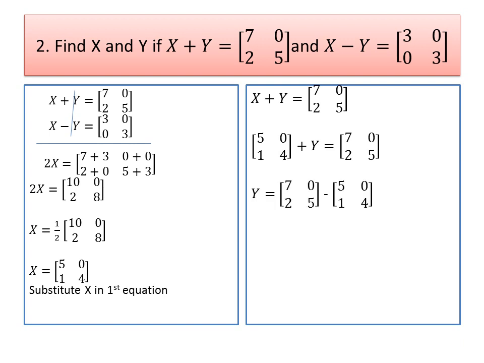Then y is equal to [7, 0; 2, 5] minus [5, 0; 1, 4]. Since there is a negative symbol between the matrices, we subtract corresponding elements. Then y is equal to [7 minus 5, 0 minus 0; 2 minus 1, 5 minus 4], which gives y as [2, 0; 1, 1].